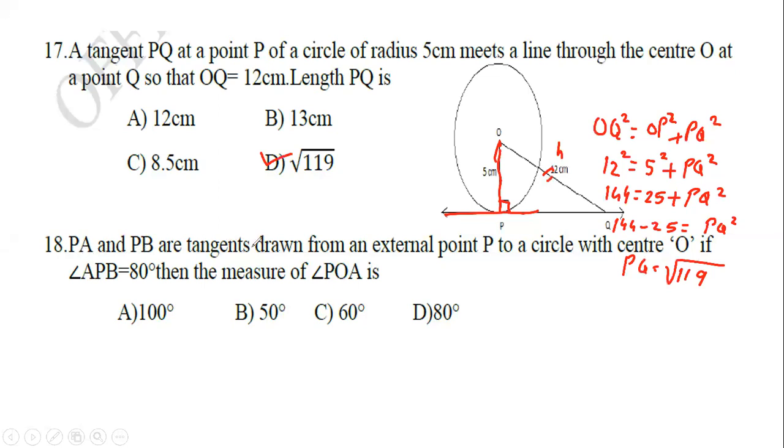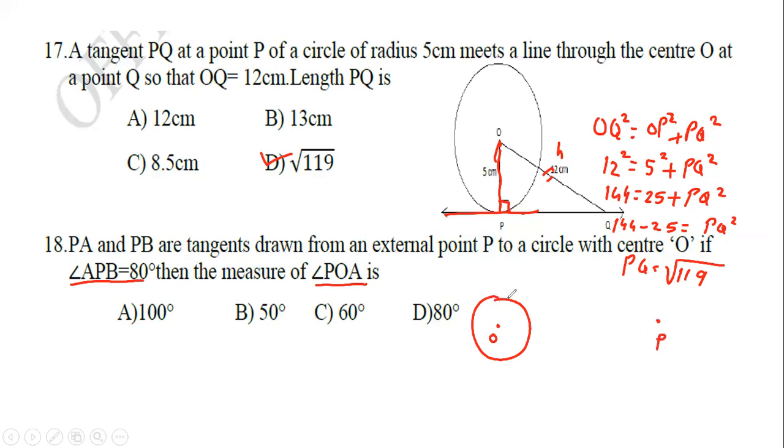Next sum. PA and PB are tangents drawn from the external point P to a circle with center O. If angle APB is equal to 80 degrees, then the measure of angle POA is dash. So this is the circle, okay? O is the center and here P is the external point.